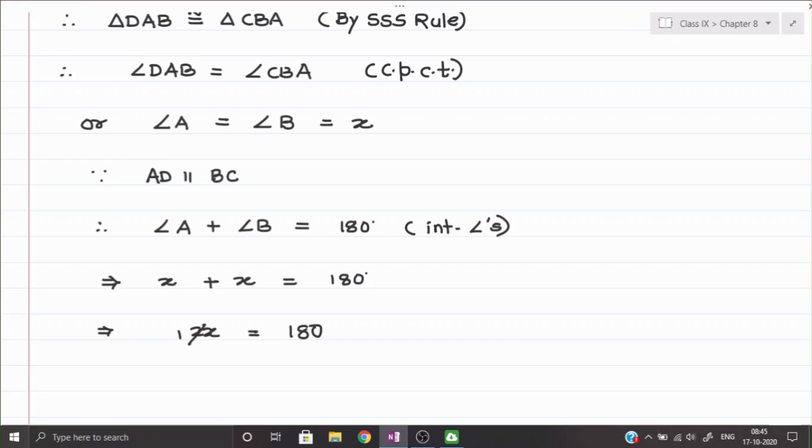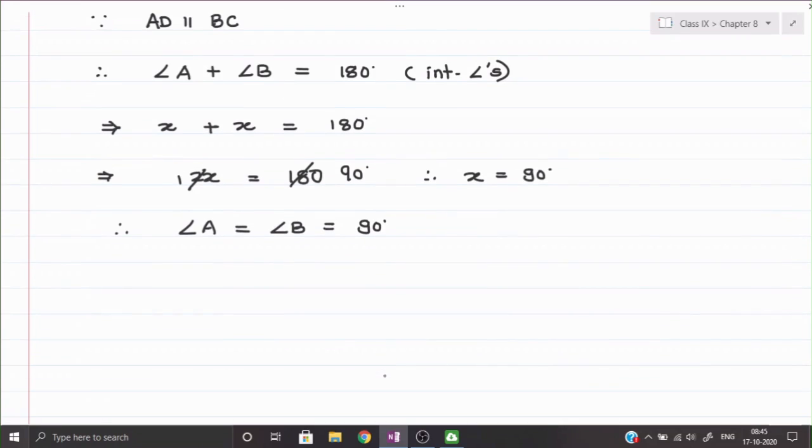Now cancelling 2 from 180, that is 90. So therefore the value of x is 90 degrees. So we can say angle A is equal to angle B is equal to 90 degrees. And similarly we can show angle C is equal to angle D is equal to 90 degrees.